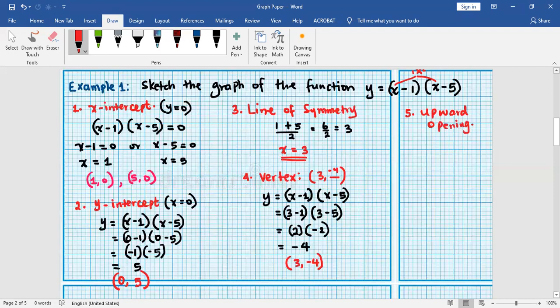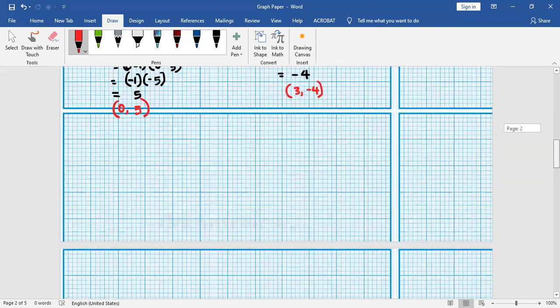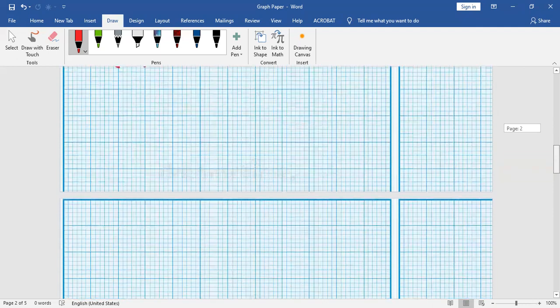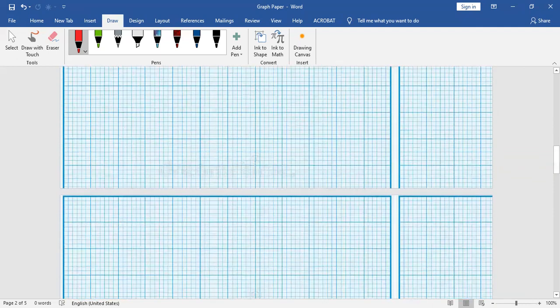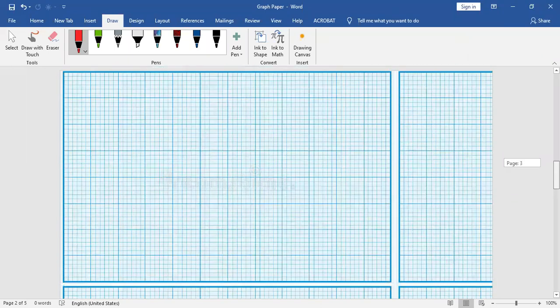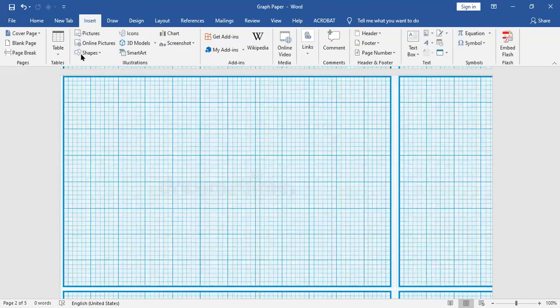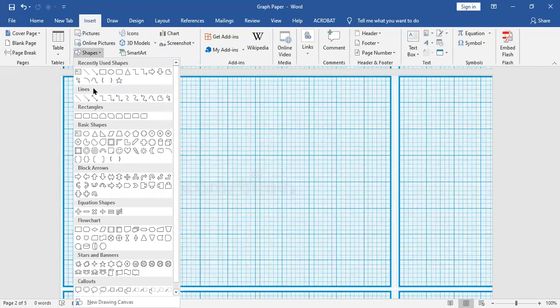So let's go ahead and sketch the graph. Let's have the x-axis.